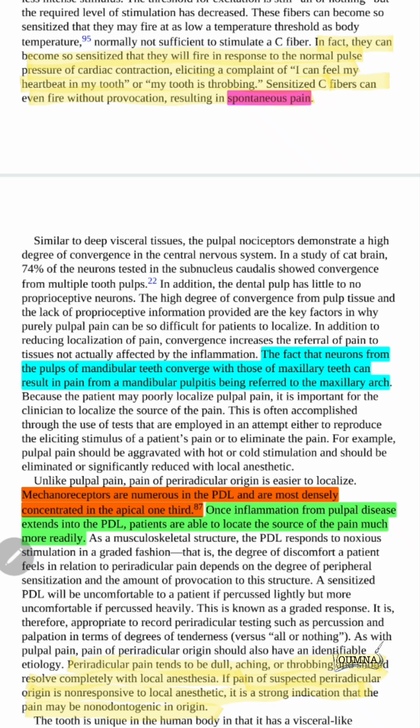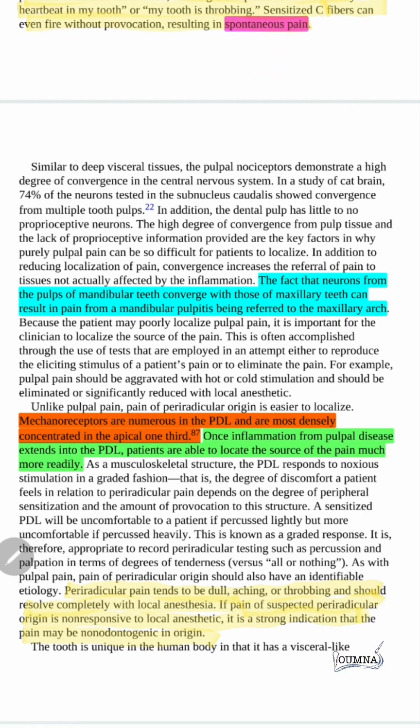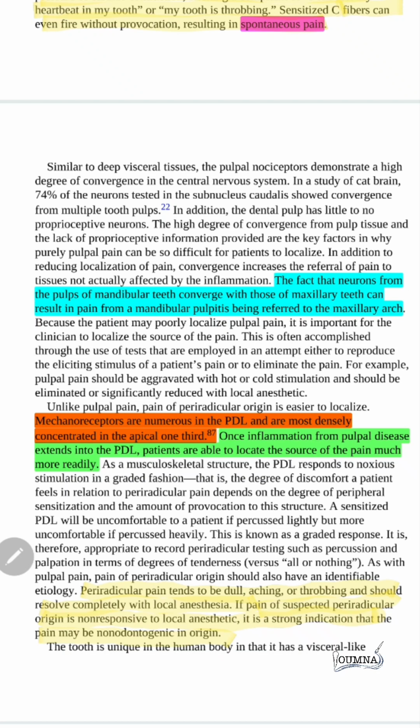In our case, for the tooth, we said that it happens mostly in the mandibular area, and especially in the posterior mandibular area, where the neurons of the mandibular teeth converge with those of the maxillary teeth, which results in the referred pain sensation, so the patient can say that he is feeling pain from the maxillary arch, where the source of pain is the mandible. This is regarding the pain that is from the pulp.